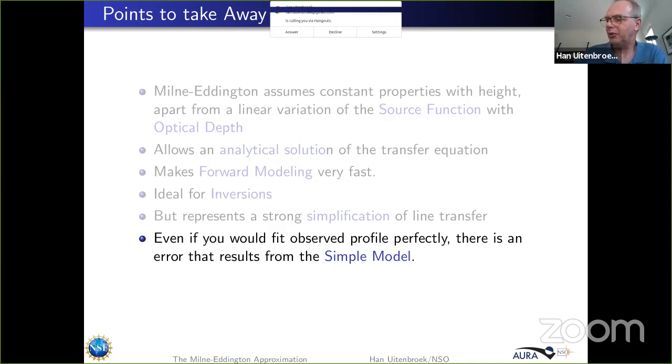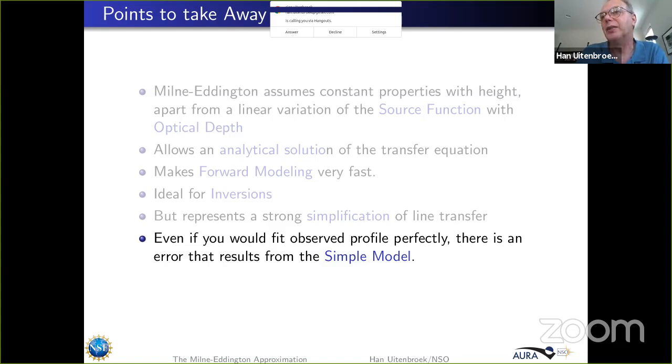So if you want to do an inversion that is as close as possible to reality, you have to account for all of these things. But the assumptions of the Milne-Eddington are such that you throw all of those overboard. You ignore them, and in a sense, you actually hide them just by the way you write the equations.